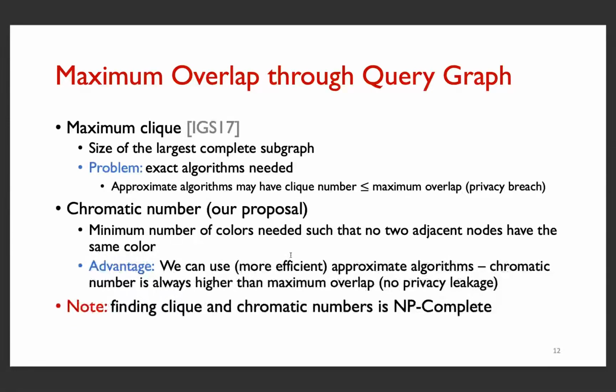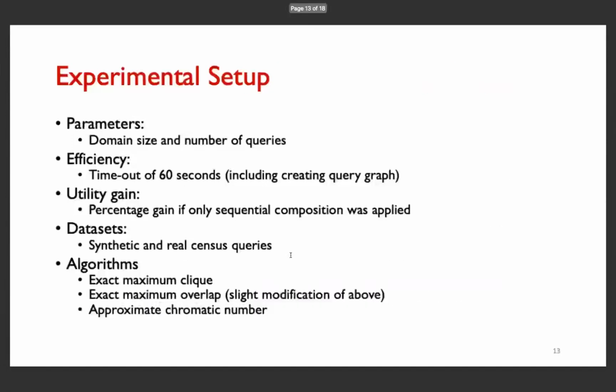Even though these two problems are still NP-complete, they have been studied very extensively, and hence the algorithms might be efficient in practice. In order to check that, we have our experimental setup. We are checking the efficiency of the algorithms in terms of two parameters in general, the domain size and the number of queries.